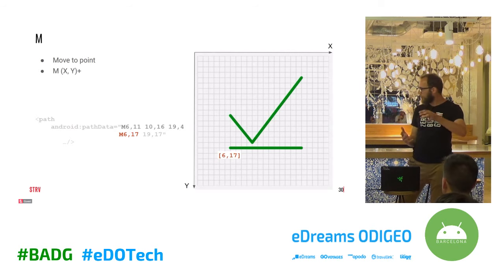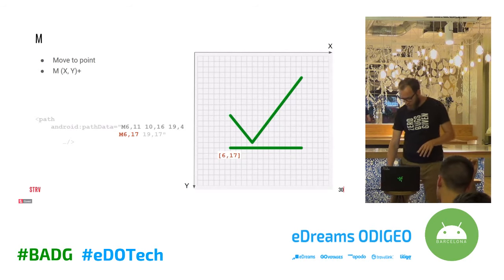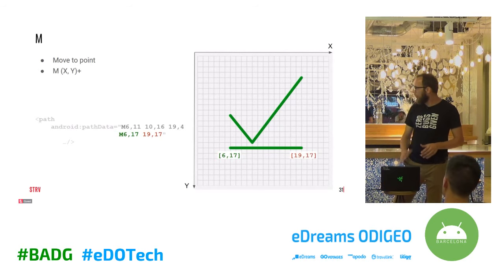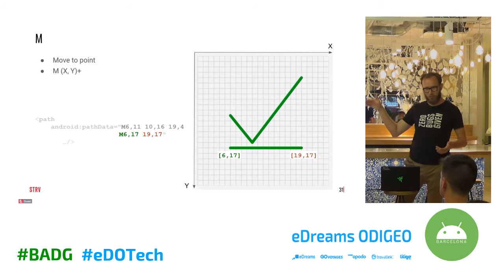If you use the M command again, it actually moves to a point, but it doesn't draw the line there. If you just chain the coordinates without specifying the M command again, it will just draw the lines. But when you explicitly say M again, this will start drawing from a new position independent of the old one. Like this, we can draw the horizontal line below the thick shape.